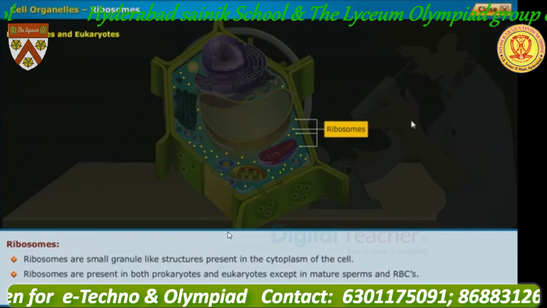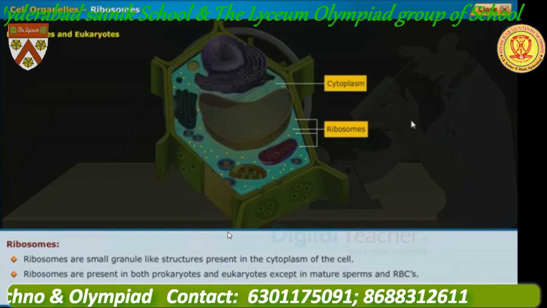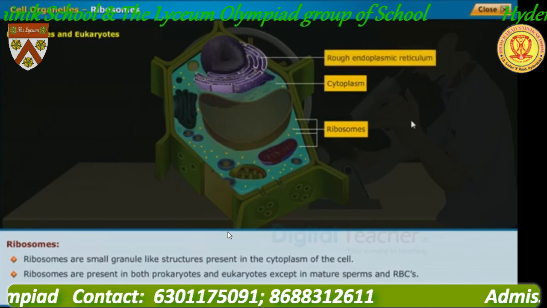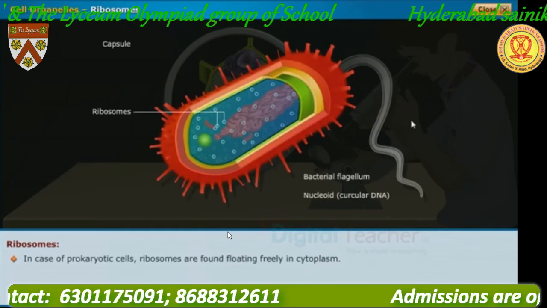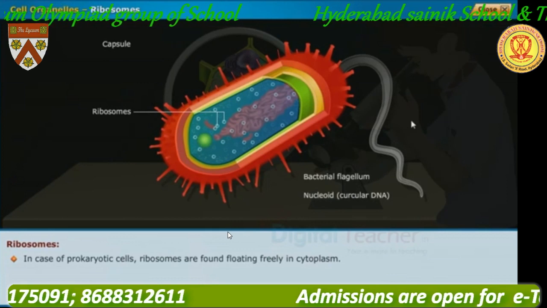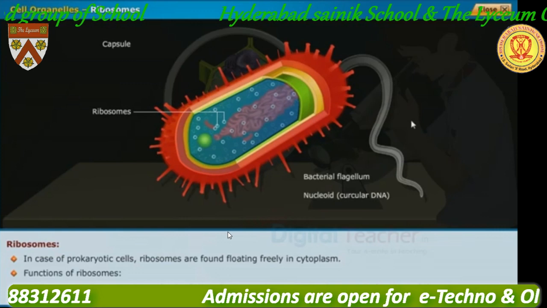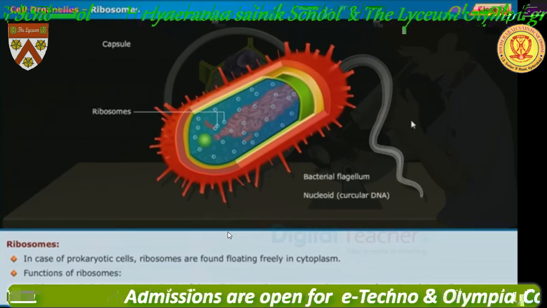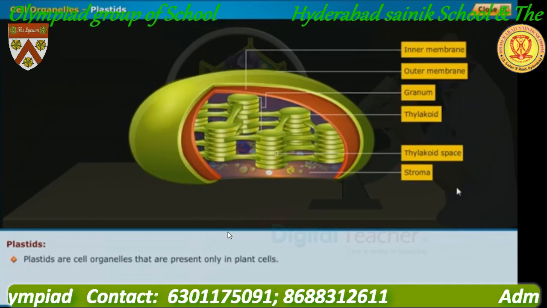In eukaryotic cells, ribosomes occur freely in the cytoplasm as well as attached to the outer surface of the rough endoplasmic reticulum. In prokaryotic cells, ribosomes are found floating freely in cytoplasm. Functions of ribosomes. Ribosomes help in protein synthesis of the cells. Hence, they are termed as protein factories of the cell.